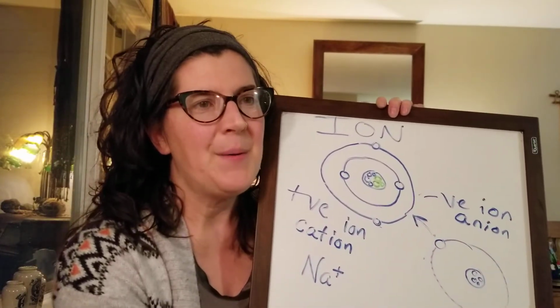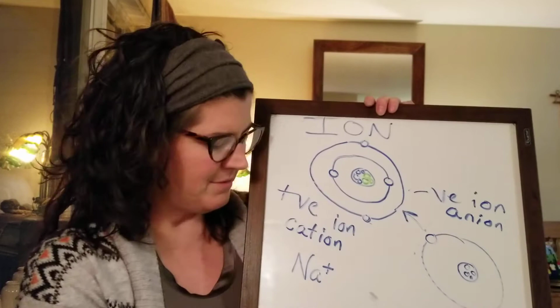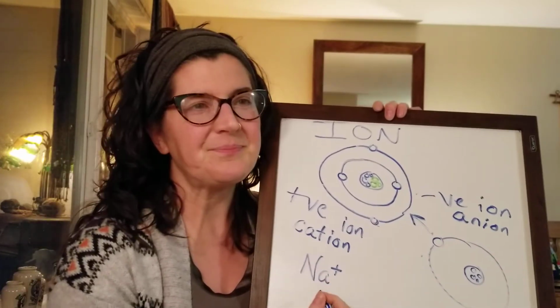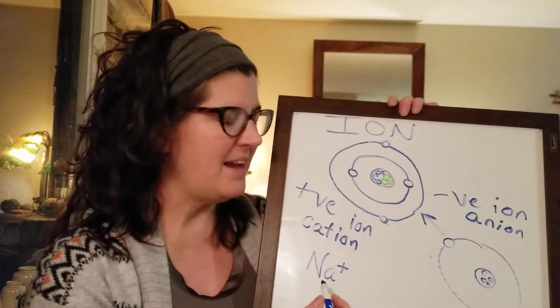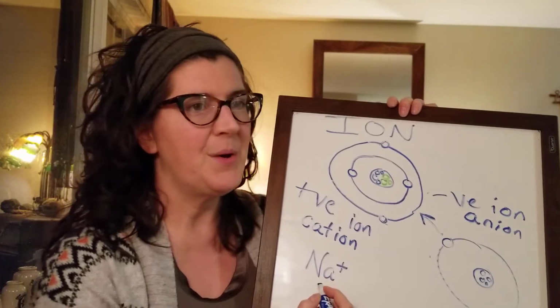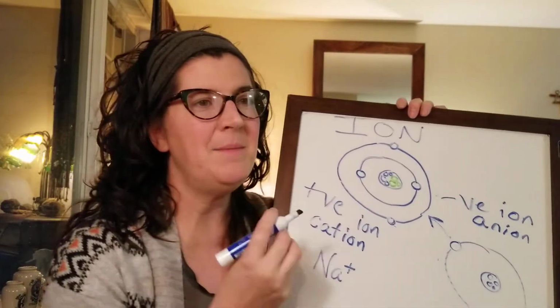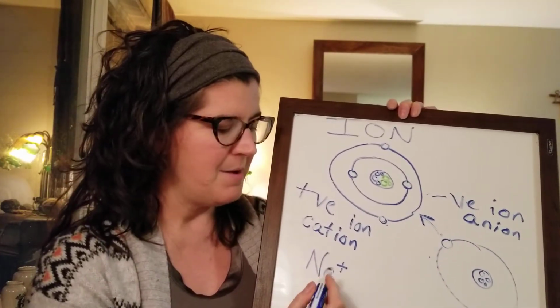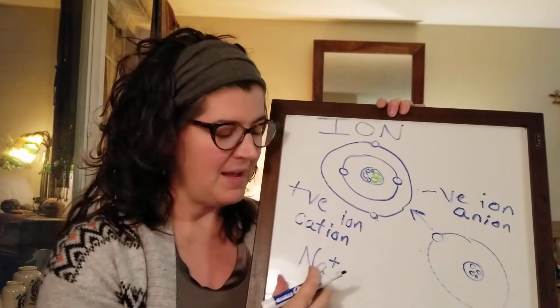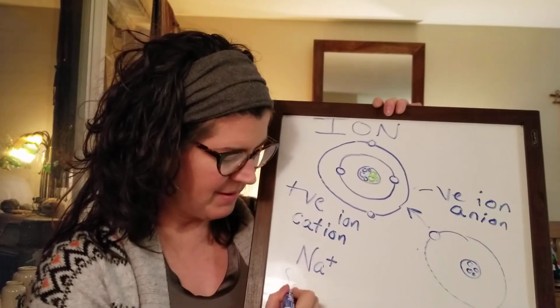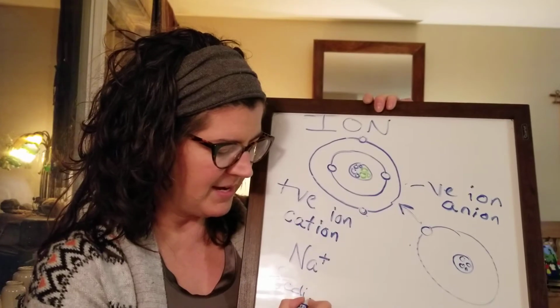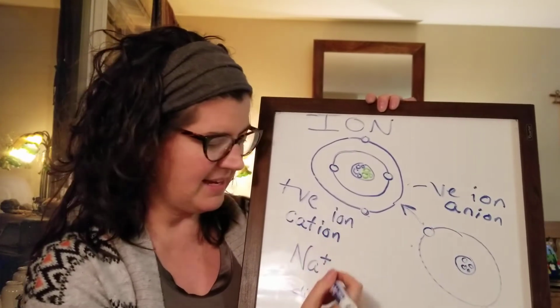Okay, so the other thing that we do is we call it an ion. So we would say the element name and then ion, like sodium ion. So that's how we refer to it. Sodium. You're like, but I thought you said it's a cation.